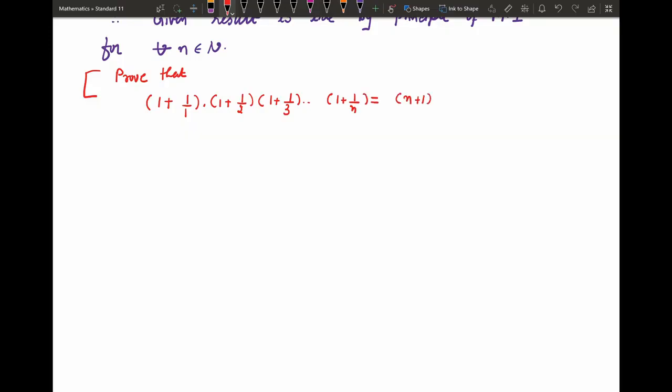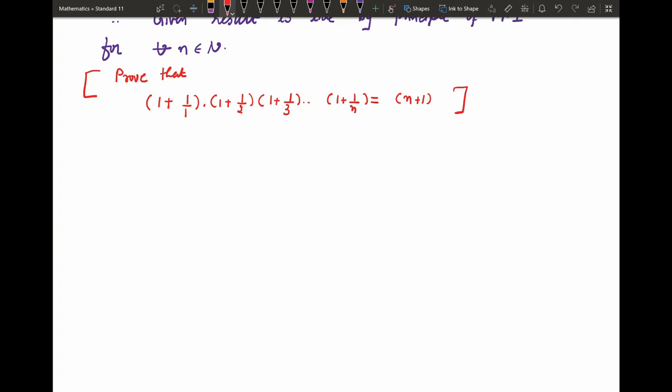n plus 1. As usual, you denote the given statement by P of n. Again, as we have done in the previous example, the left hand side is the multiplication of n brackets. When you take n equal to 1, only the first bracket, 1 plus 1 upon 1, that is 2. On the right hand side you take n equal to 1, 1 plus 1 is 2. So you can observe LHS equal to RHS, so P of 1 is true.